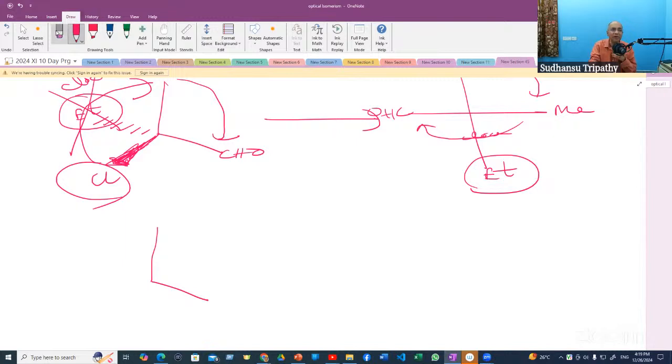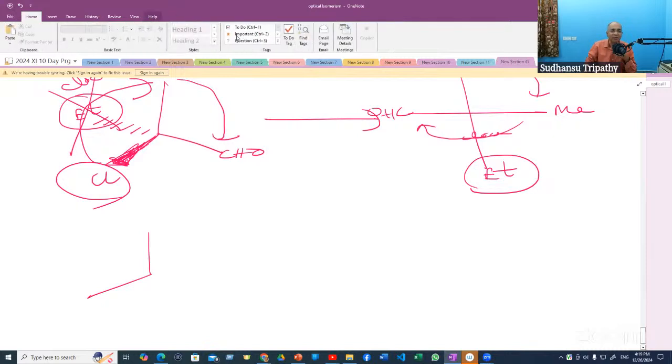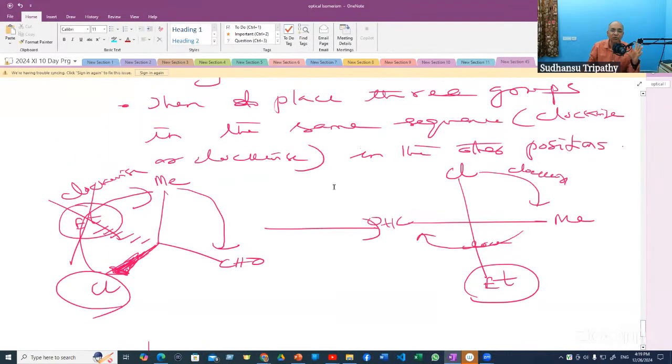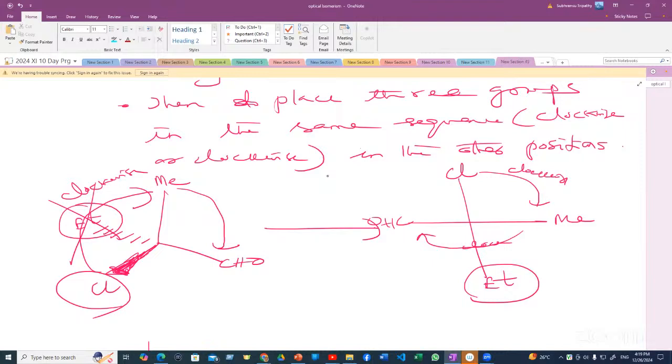So this time I will give you another one. I will ask you to tell me the name of this compound in one go, without numbering. Can you name this compound in IUPAC? Sir, 2-chloro, 2-methyl, butan, 1-al. 1-al is not written.